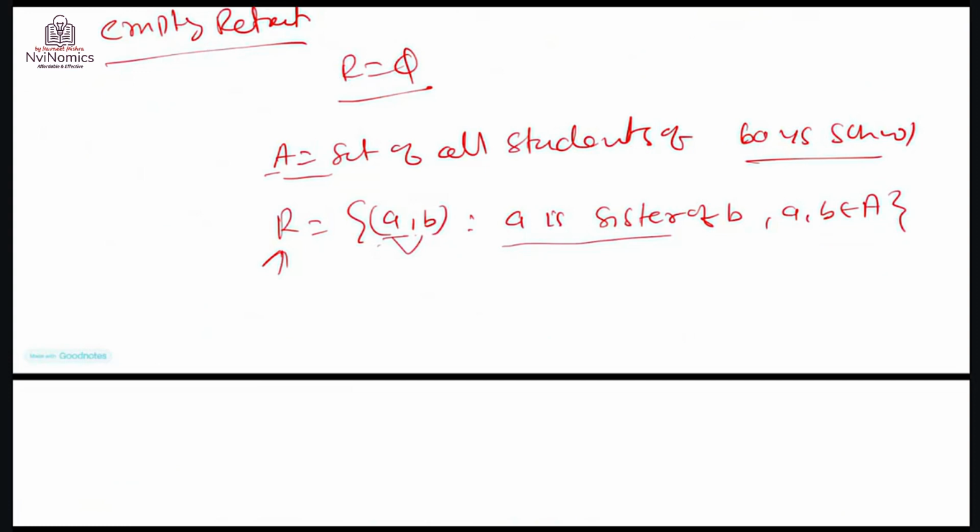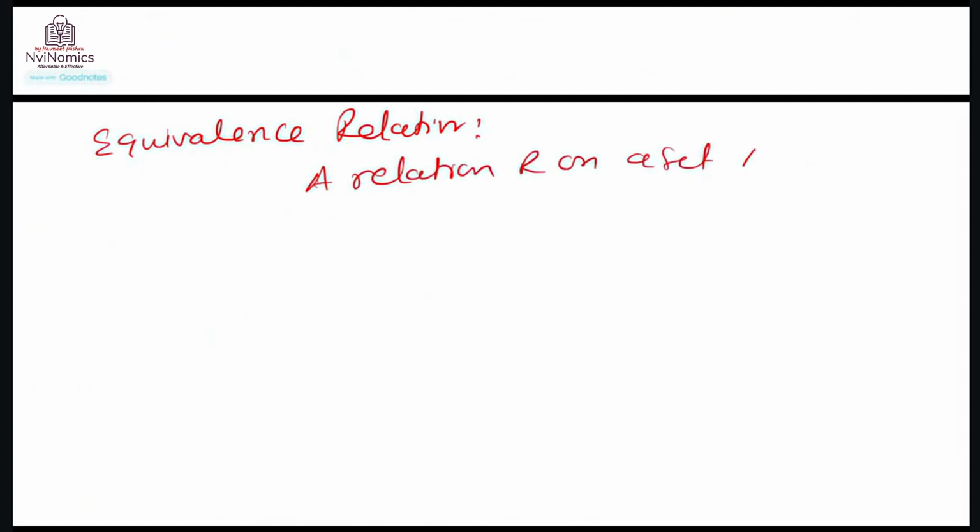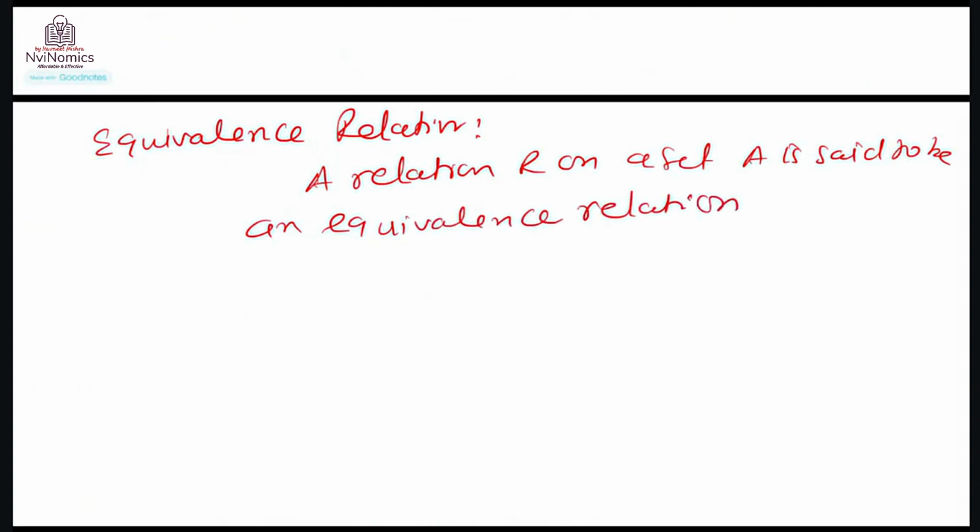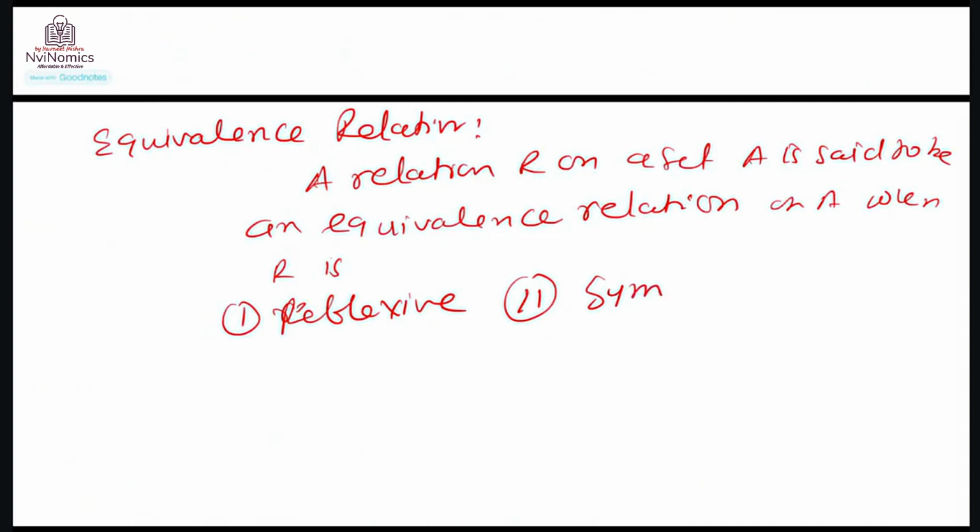Now, the equivalence relation. A relation R on a set A is said to be an equivalence relation on A when R is, number 1, reflexive, number 2, symmetric, and number 3, transitive.